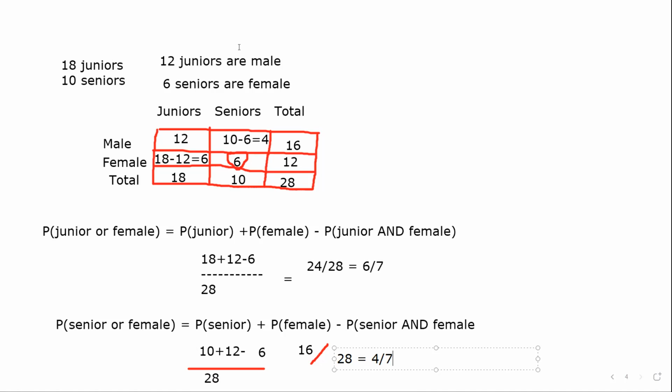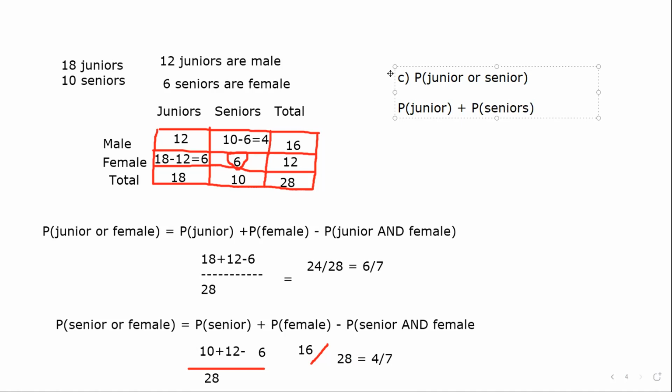Part C, probability of a junior or a senior. So what are we gonna do with this? That means the probability of being a junior plus the probability of being a senior.